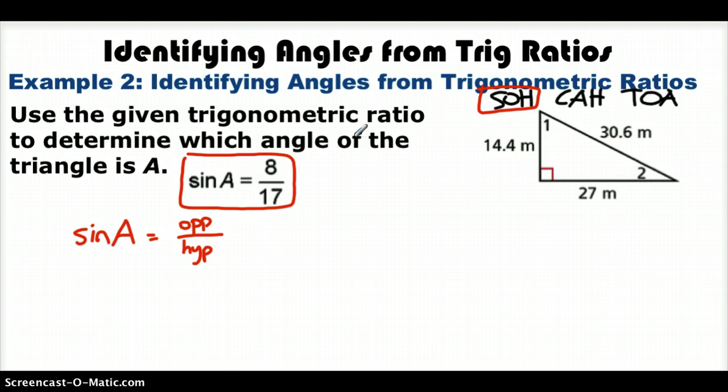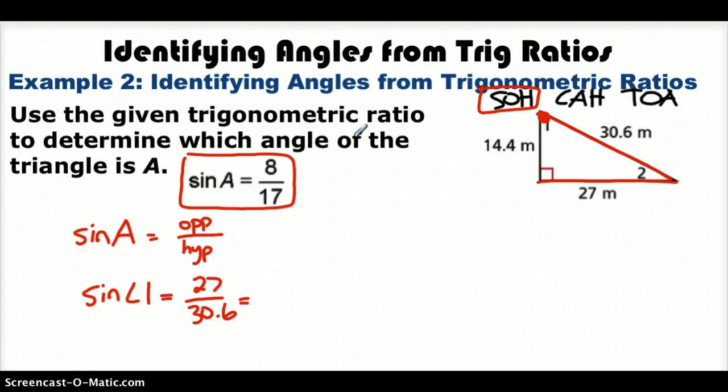It makes sense to look at angle 1 first. The opposite leg to angle 1 is 27, so the sine of angle 1 is 27 over the hypotenuse here, which is 30.6.